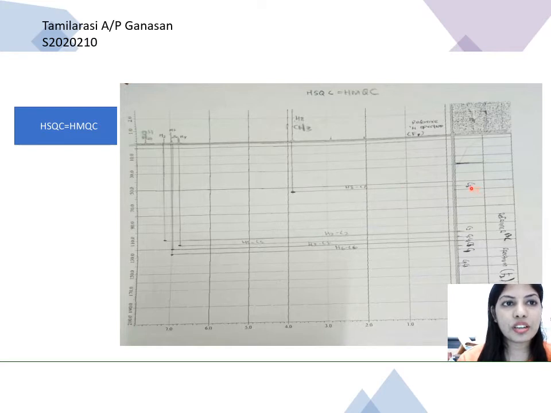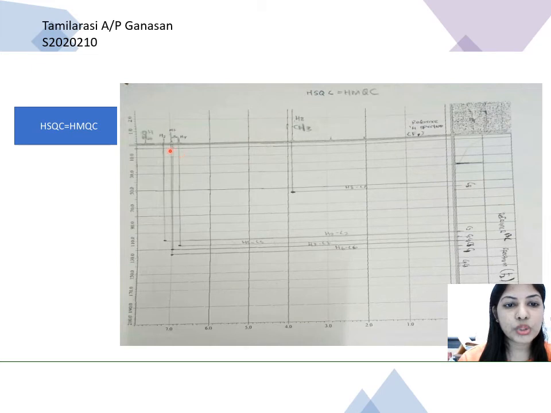Before moving on, this one is H4, H2, H7, H6, H5 and H8. H6 and H7 almost look the same. Just now I talked about H8, which has a cross peak with C8.